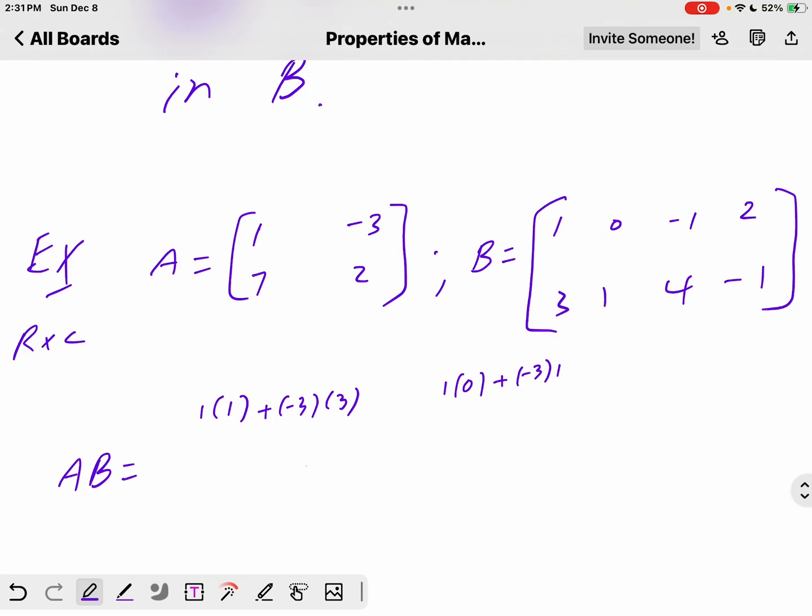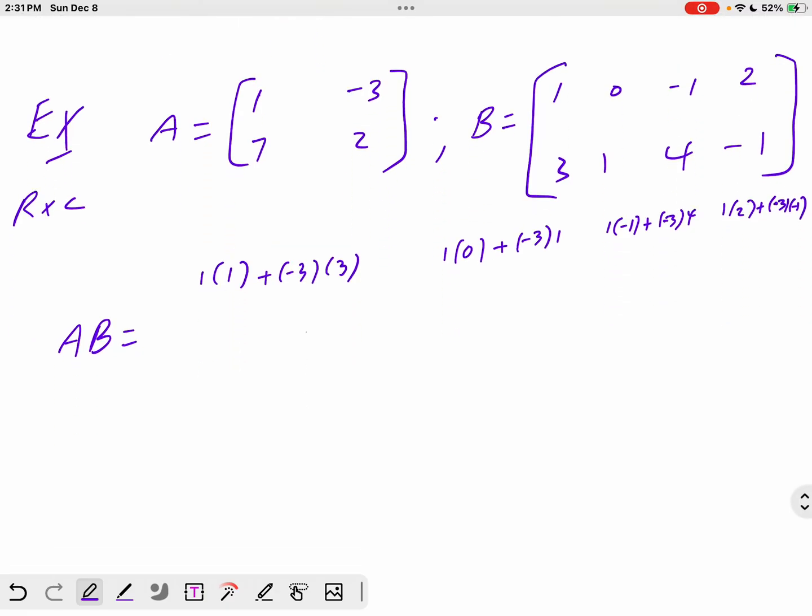Then the first row with the third column: 1 times -1 plus -3 times 4. Then the first row with the fourth column: 1 times 2 plus -3 times -1.